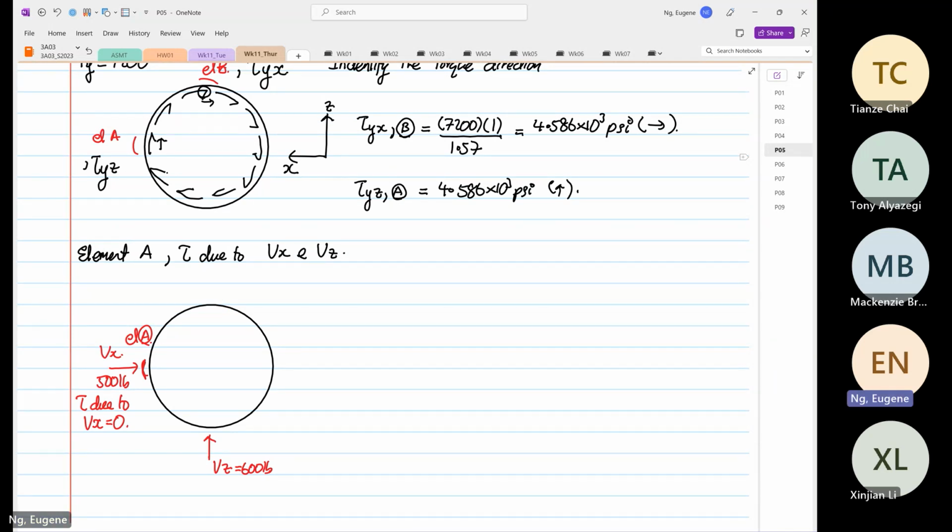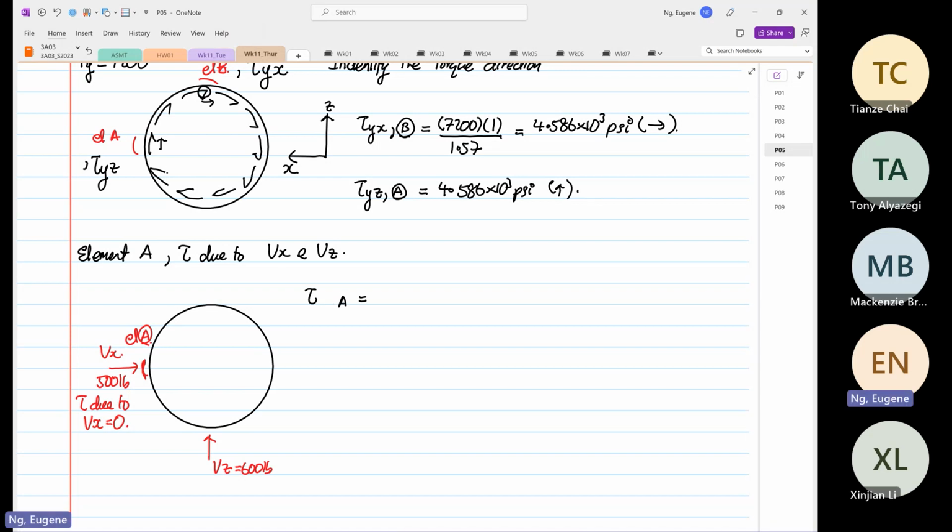Okay. And what I want you to take note, so now the formula, right? So we just need to write the shear first at point A, give a bit of space.